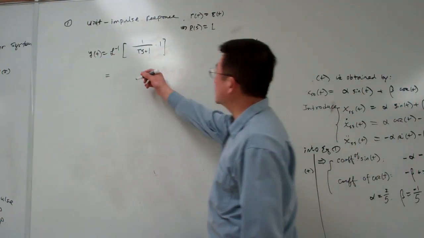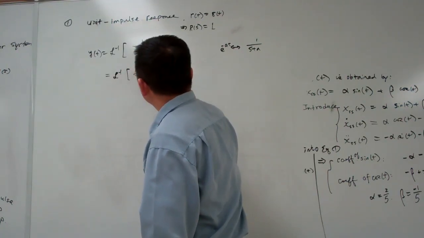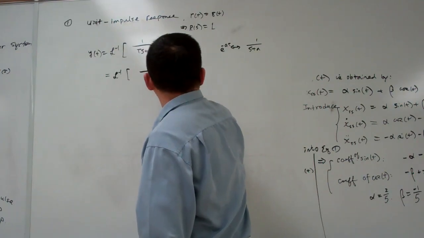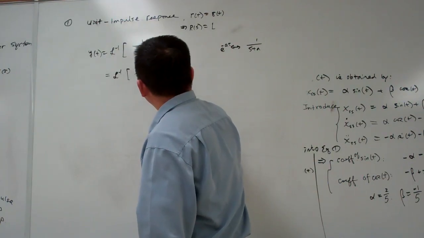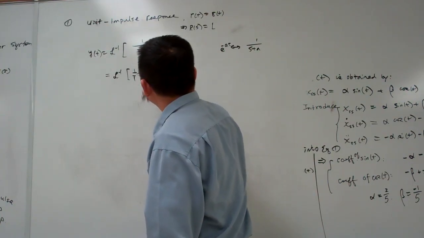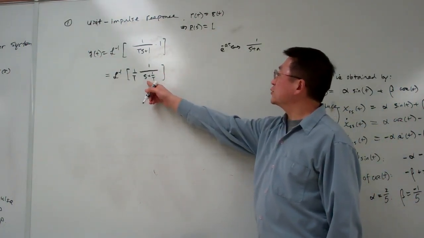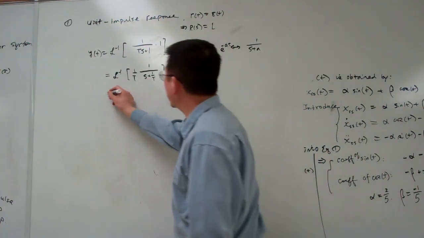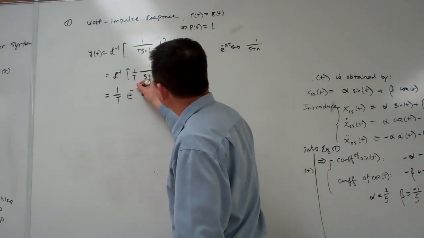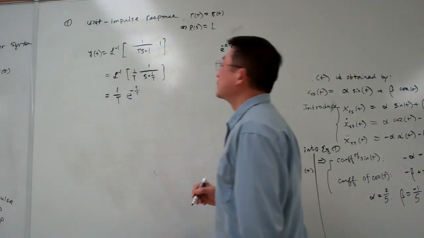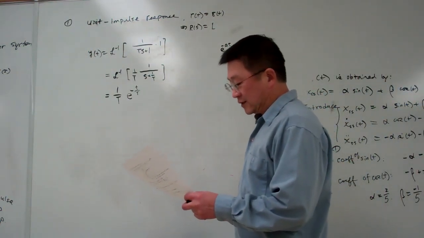So here we try to convert that one into this form: 1 over T over (s plus 1 over T). Then that will equal 1 over T, and this term will equal e to the minus t over T. Now for this case we can look at the system and draw its response.